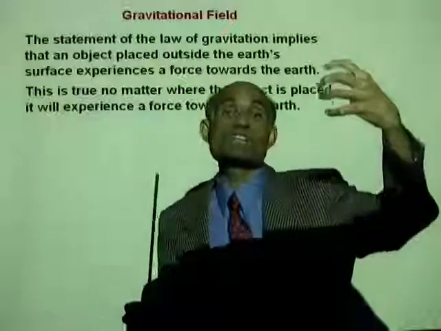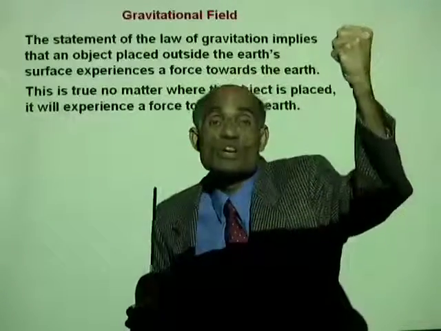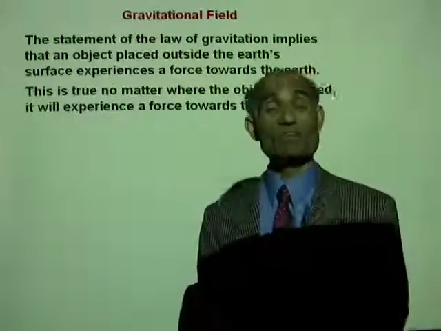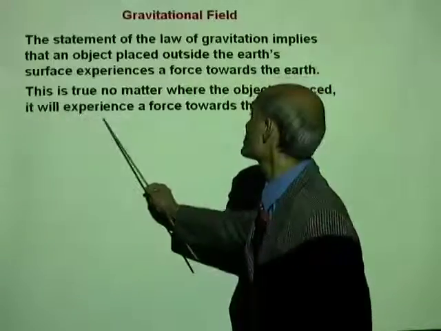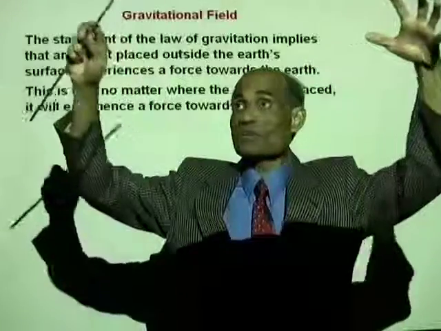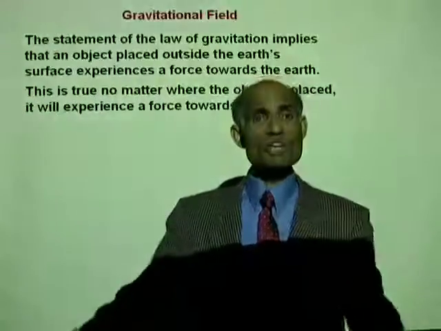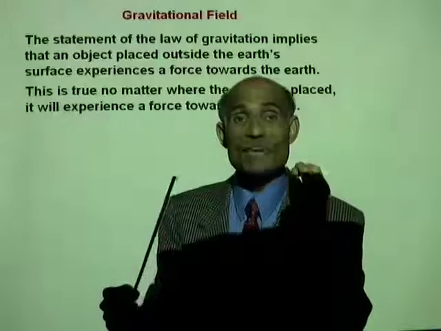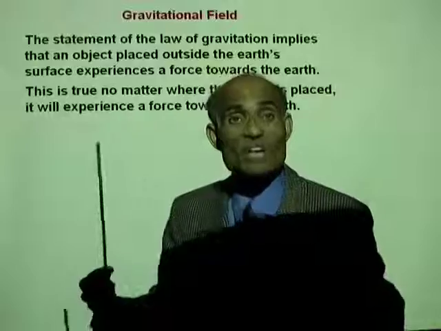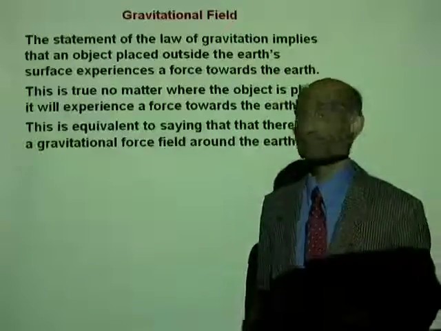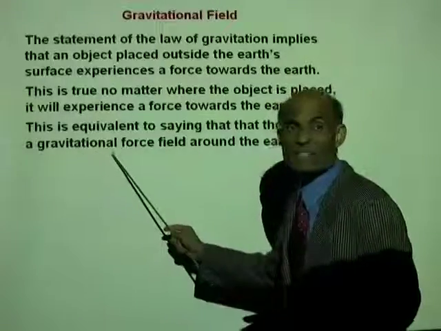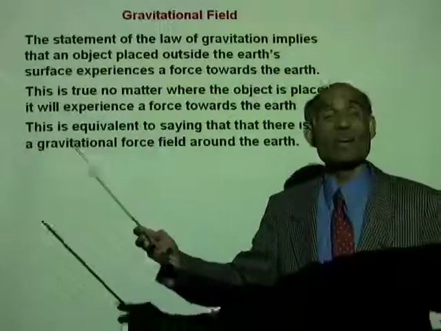If the object is taken to an altitude h, it will experience a force towards the Earth. That means the three-dimensional space surrounding the Earth, where it will exert a force on other objects, is the gravitational field of the Earth. This is equivalent to saying that there is a gravitational force field around the Earth.